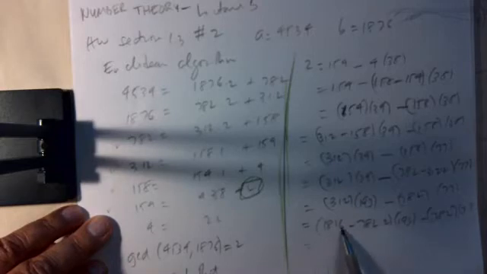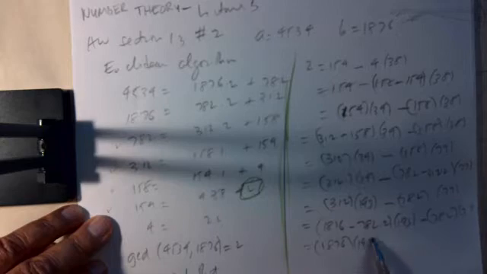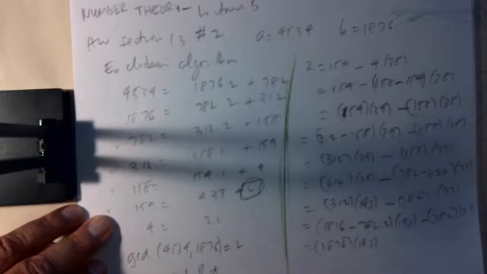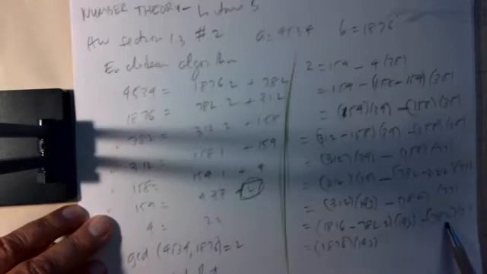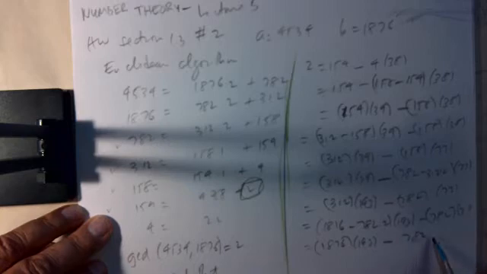So I have 1876 times 193, and I have minus 782 times 2 times 193. 2 times 193 is 386. And here I have minus 782 times 77. 386 plus 77 is 463. So this looks like minus 782 times 463.